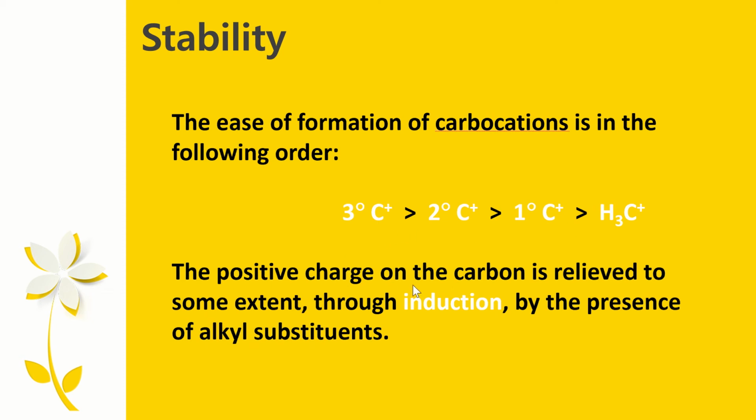So the positive charge on the carbon is relieved to some extent through induction by the presence of alkyl substituents. In other words, because it's tertiary, you have 3 alkyl groups on it. Through induction, it contributes to the stability of the tertiary carbocation.